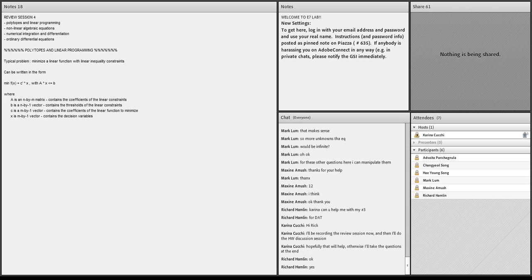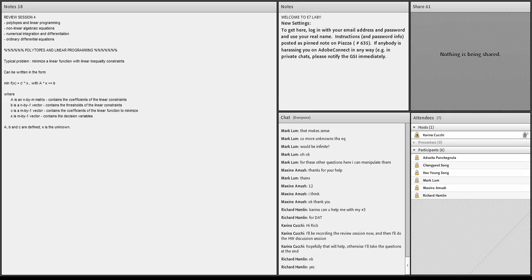So because the function is a linear function of x, you can write this function as a vector C times x. And x is really the unknown, so it's an n by 1 vector that you want to find, and x contains the decision variables. So in these problems, you can define A, B, and C, and x is the unknown of the problem that you want to solve for.